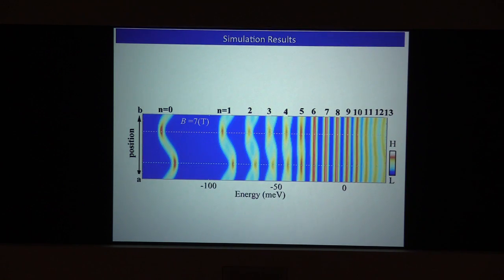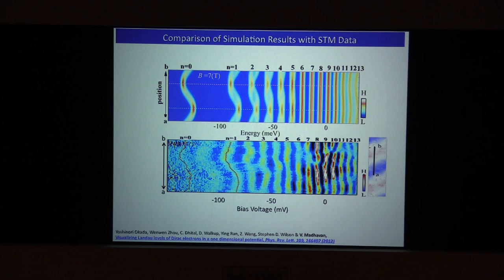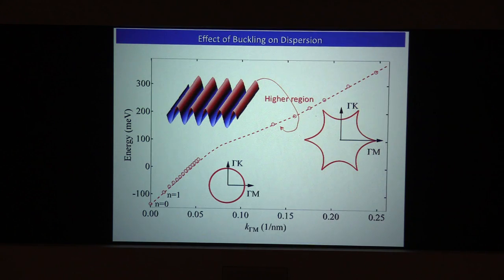And here's a simulation, and here's the data, and it actually matches the data really well. You can see from the simulation that at higher Landau levels, you begin to see some variation because the wave functions are getting bigger and bigger, and they're able to sample the next period of the stripe. So this is great.